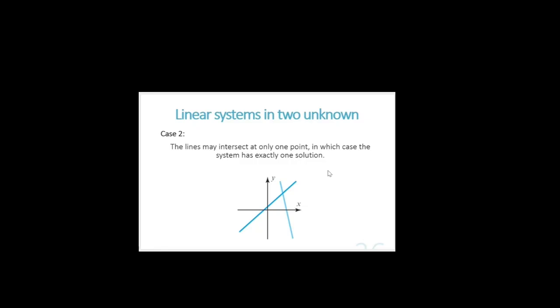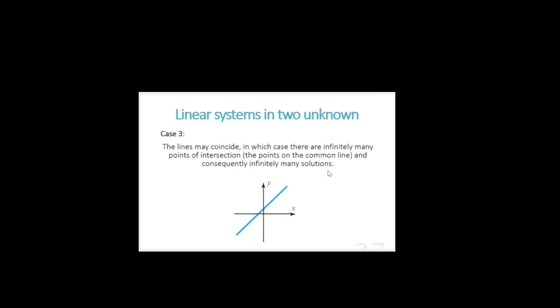Yes, you could have a case 3 where the lines coincide, so now you have an infinite number of solutions. So just think: they intersect at only 1 point, or you have parallel lines where there are absolutely no solutions for that system, or the lines are collinear and you have an infinite number of solutions. Case 1 is they intersect at 1 point only.